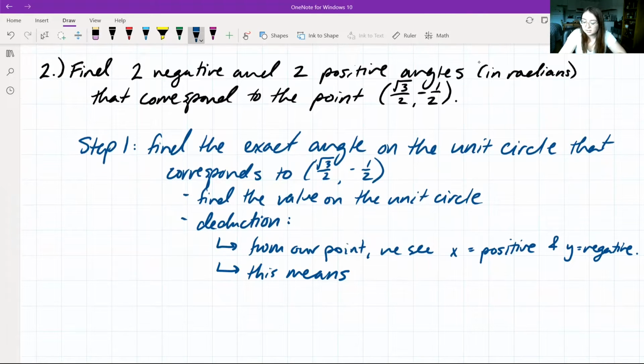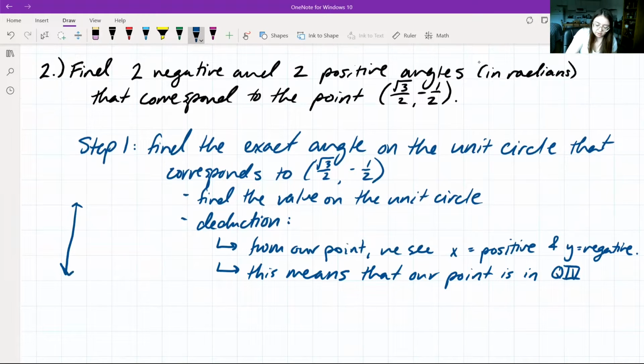this means that our point is in quadrant 4. And we know it's in quadrant 4 because if we drew out, and this is a little makeshift version of our unit circle, our xy plane here, we see quadrant 1, quadrant 2, quadrant 3, quadrant 4.